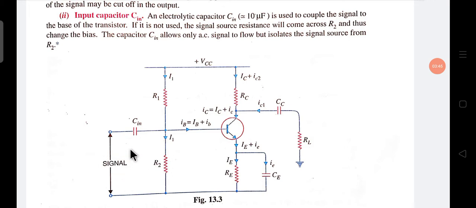To avoid that, we use Cin. Thus the capacitor Cin allows only the AC signal to flow, but isolates the signal source from R2.